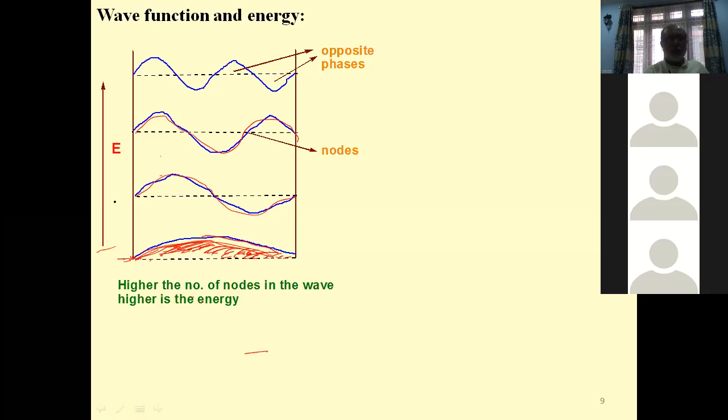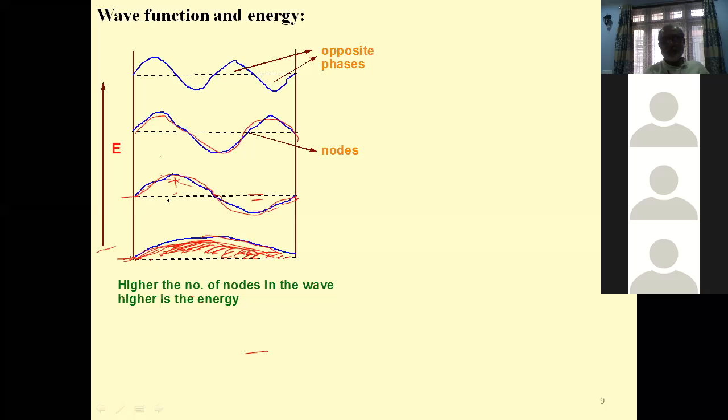But when we come to the next one, it is having two different phases. Sometimes one is termed positive and the other negative, but don't consider that as a positive sign and negative sign. Two different phases.